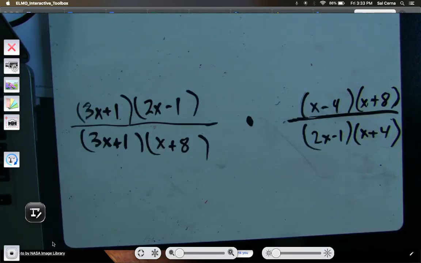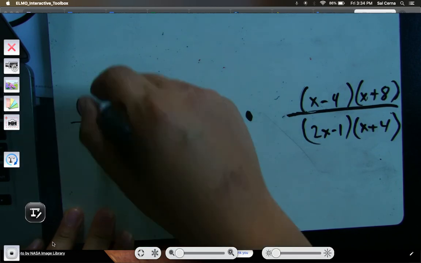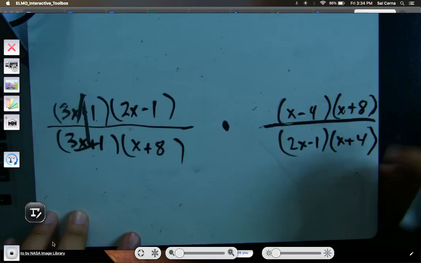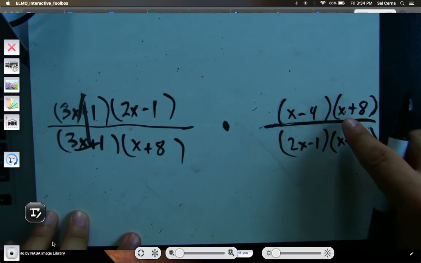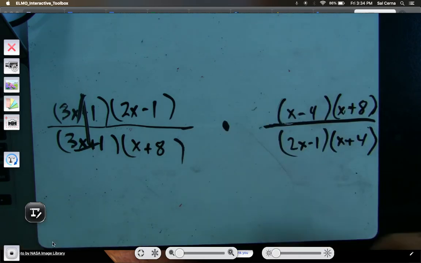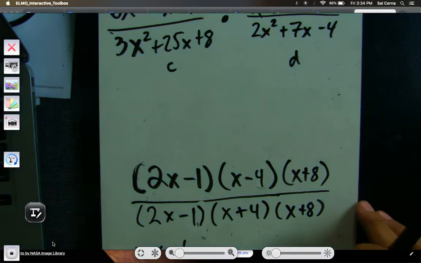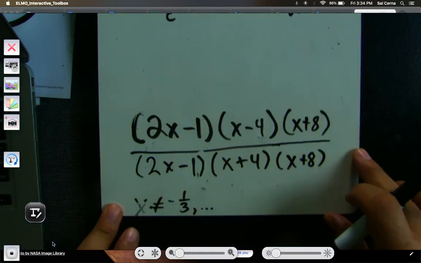And now I can simplify things before I do anything else. So I notice that this 3x plus 1 divided by 3x plus 1 gives me 1. And then I'm going to look over here, and I notice that there's nothing here I can simplify. Okay, so then I'm going to rewrite this expression, and it's going to look like this. This is my final expression.